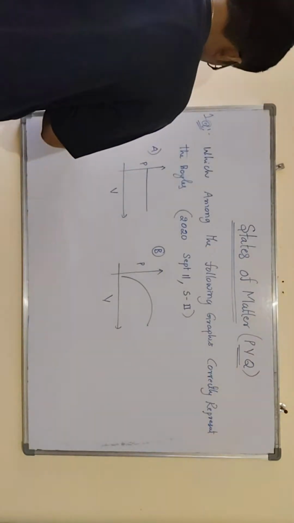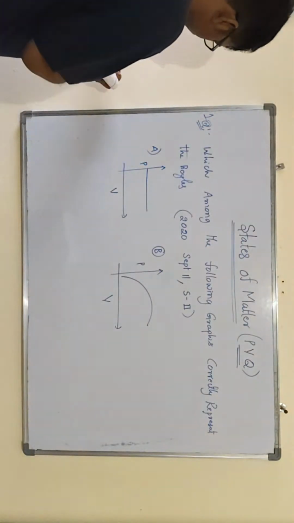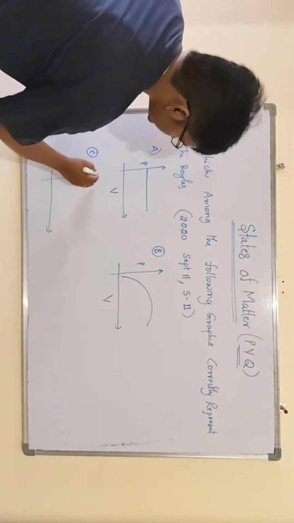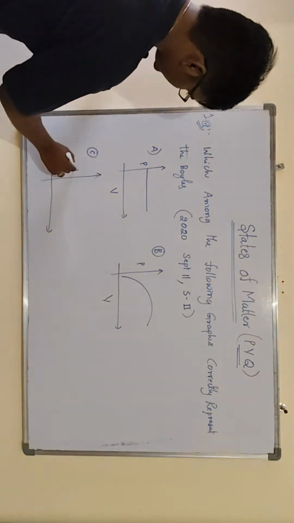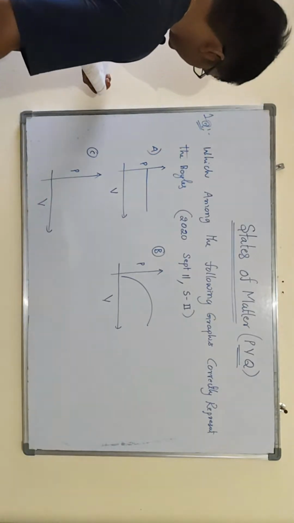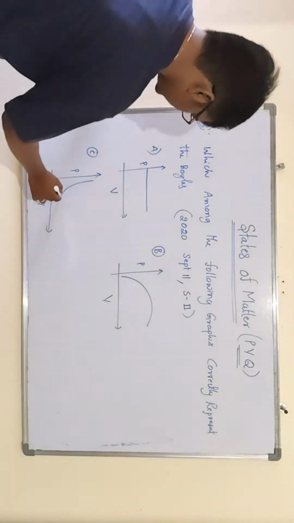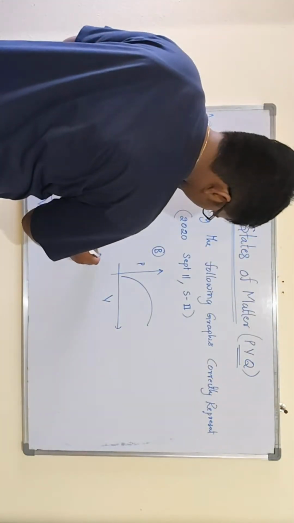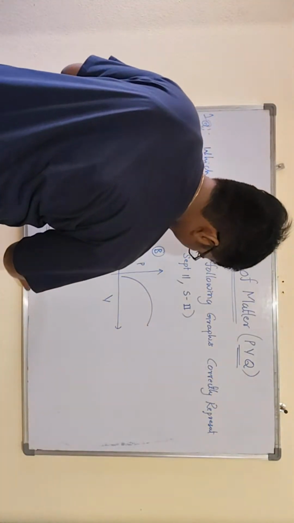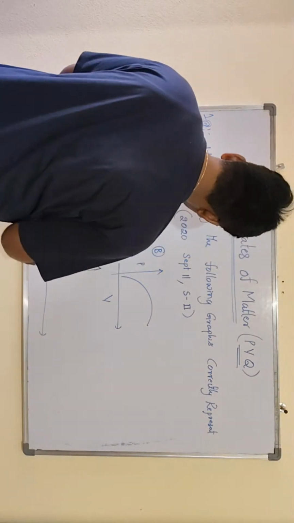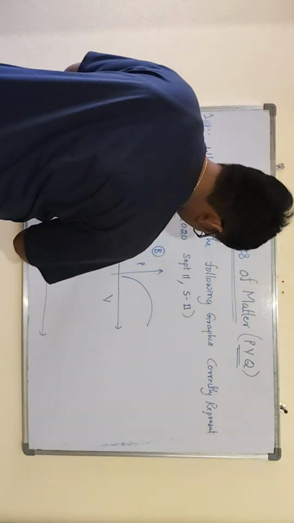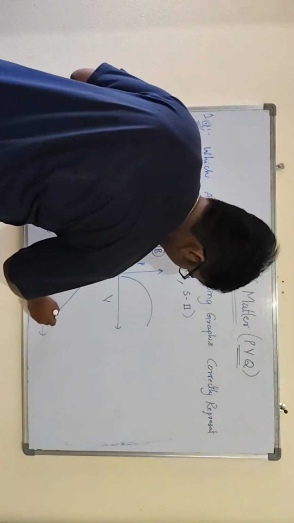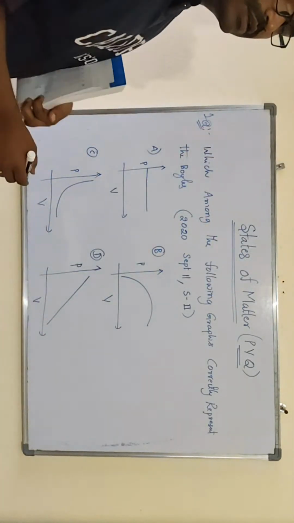Next C, another graph, pressure versus volume, the curve exponentially decreases. Next D, pressure versus volume is given like this. So which graph is correct?